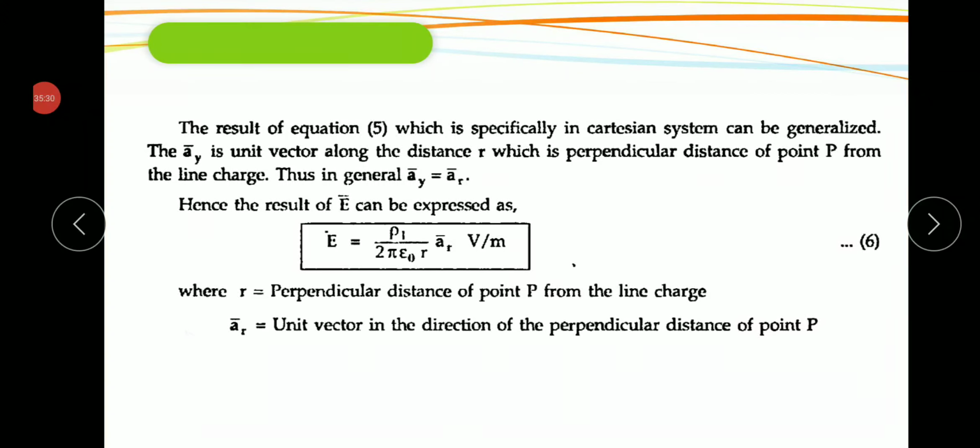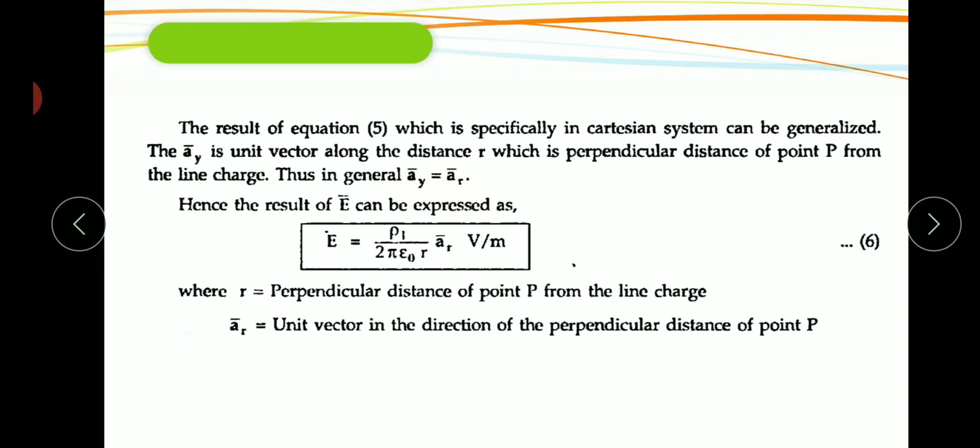Now this equation is the expression in the Cartesian system only, where a_y is a unit vector along the distance R, which is the perpendicular distance from the point P to the line charge. Thus it can also be expressed in terms of a_R bar, that means a_y bar is equal to a_R.